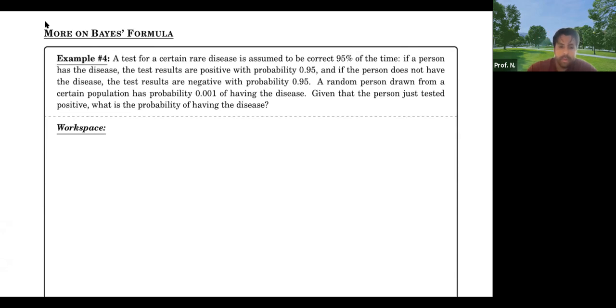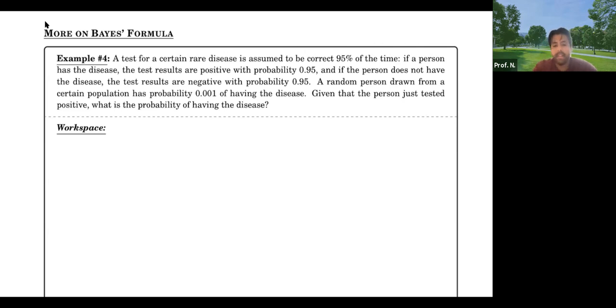And it says that if a person has a disease, the test results are positive with probability 0.95, which is just saying that it's accurate 95% of the time. So if you do have the disease, the test will give you a positive result 95% of the time.